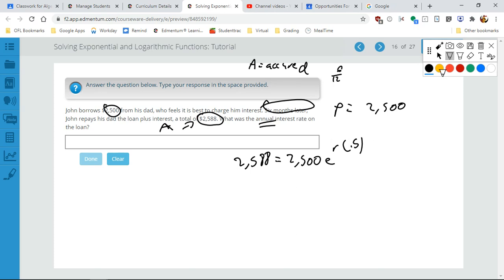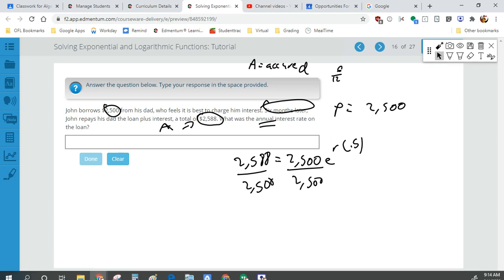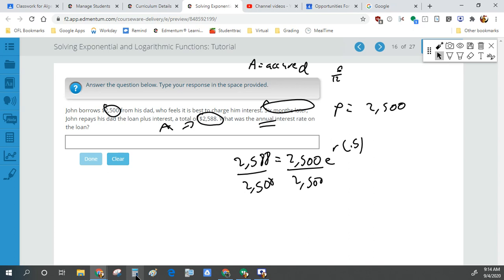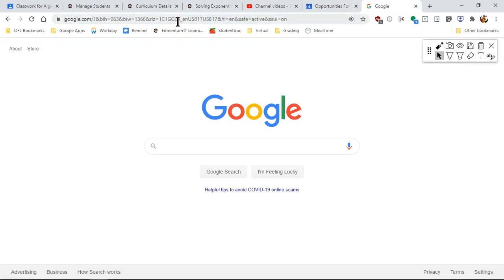From here, we have to use our algebraic properties to divide. Let me pull out, I'll do it on the Google calculator.